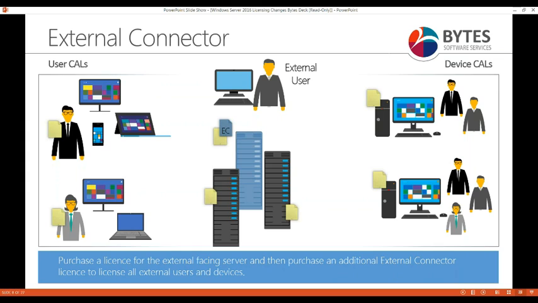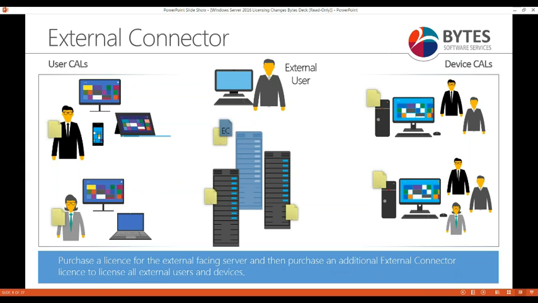So we can buy client access licenses for each one of those users. But if it's more cost effective, then we assign an external connector license to that individual server. And the external connector licenses are assigned to the hardware. So it allows access to any number of virtual machines running within that server.